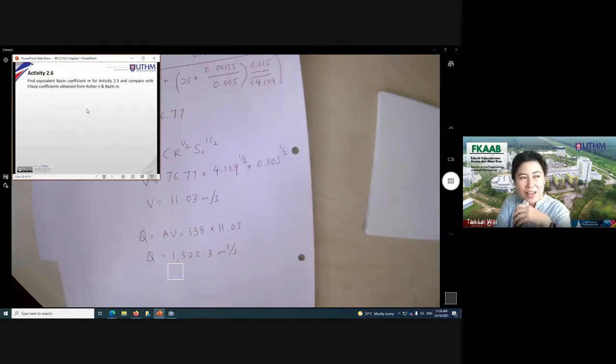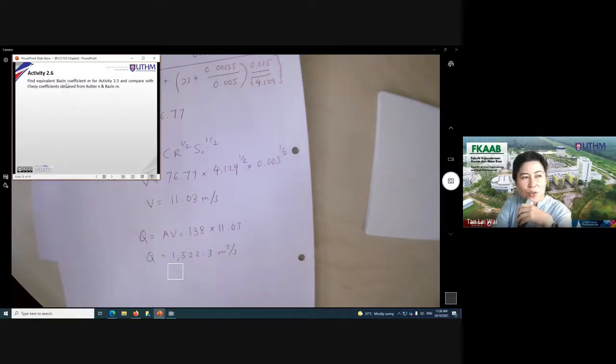Okay, the next activity, 2.6. Now we have looked at the formula to get the Chezy coefficient. Now is the Manning, the Bazin coefficient. That means we are using the Bazin equation to find the Chezy coefficient.